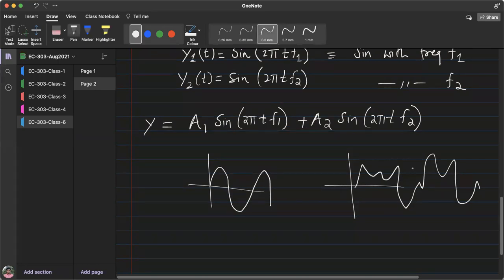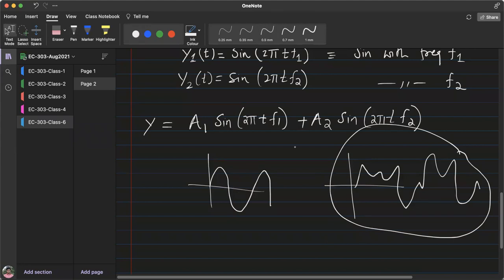Now imagine that I was given only this combined wave. I don't know what are the individual waves that somebody generated. Imagine that I just chose some value of f1, some value of f2, a1, a2. There are basically 4 values I'm choosing, right? a1, a2, f1, f2, 4 parameters in this very simple superposition of 2 waves.